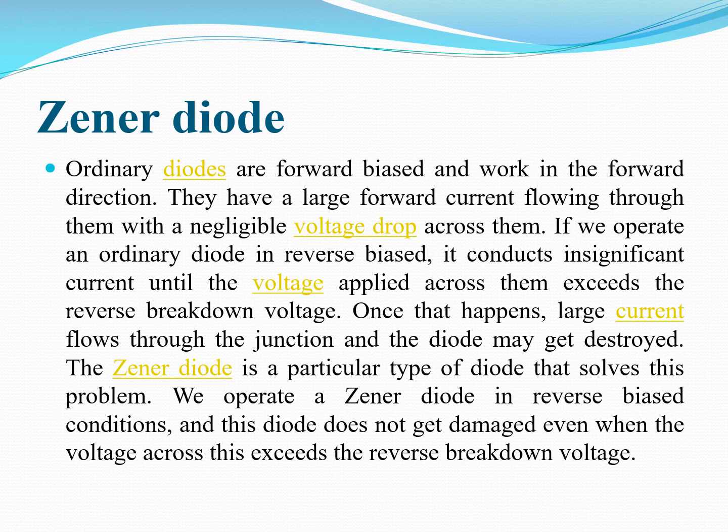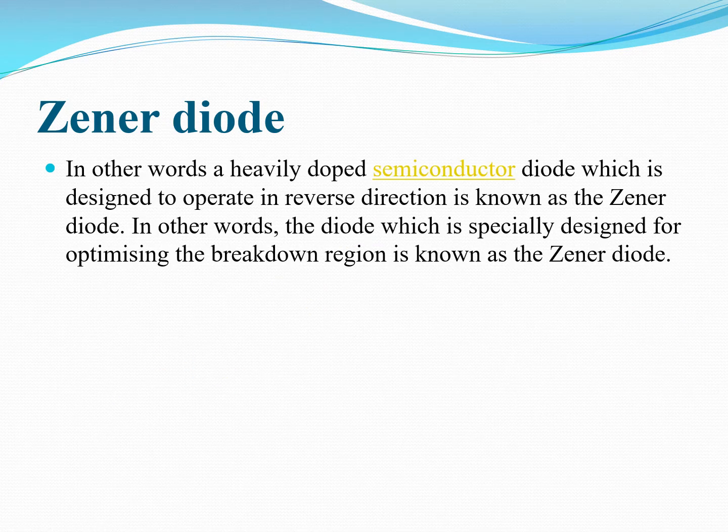The Zener diode is a particular type of diode that solves this problem. We operate a Zener diode in reverse biased conditions, and this diode does not get damaged even when the voltage across it exceeds the reverse breakdown voltage. A heavily doped semiconductor diode which is designed to operate in the reverse direction is known as a Zener diode.